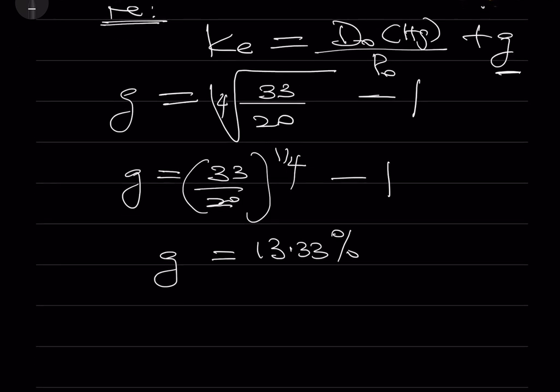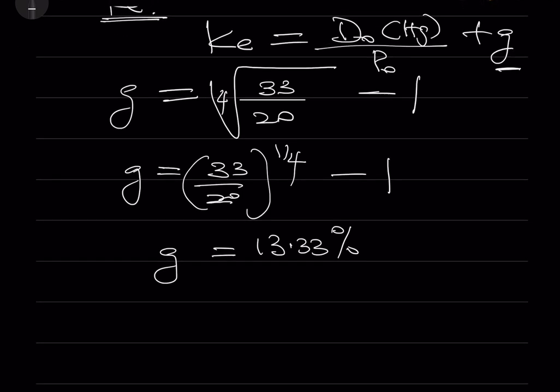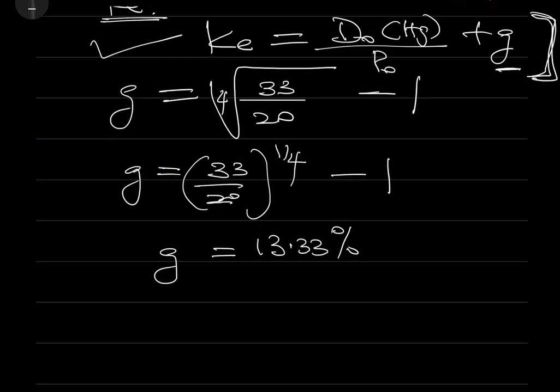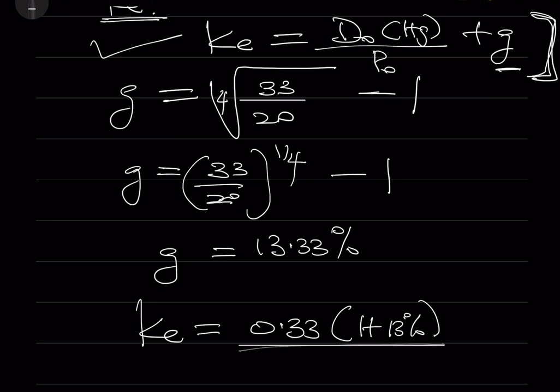So if G is 13.3%, we can now put G in this formula. Our cost of equity will be equal to the 0.33 current dividend times 1 plus 13%, which is the G, divided by the price of share, the price is $6 we're given, plus 13%.